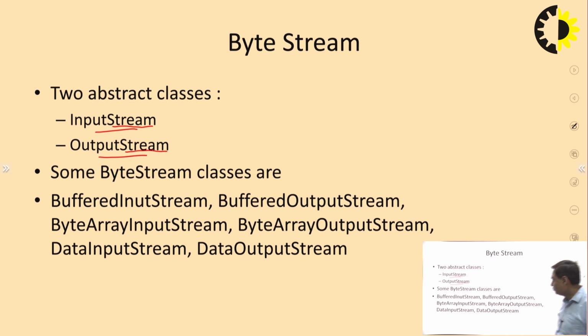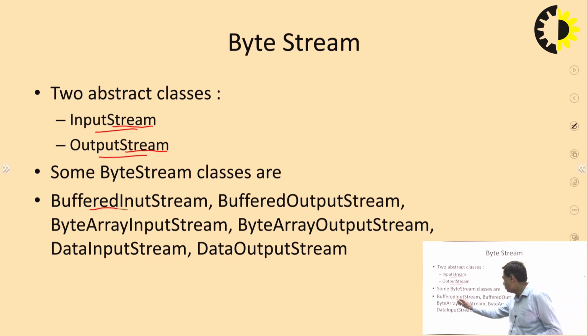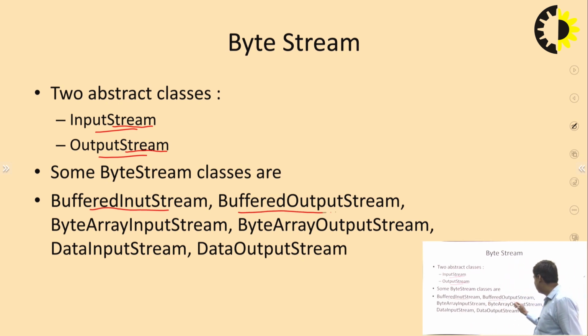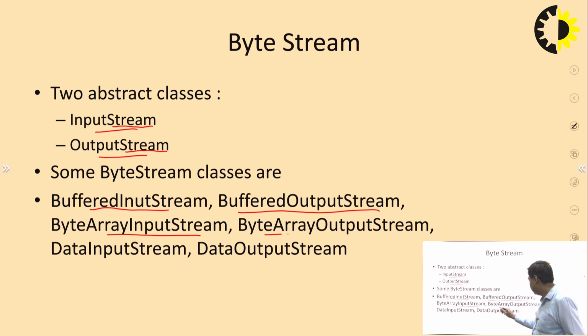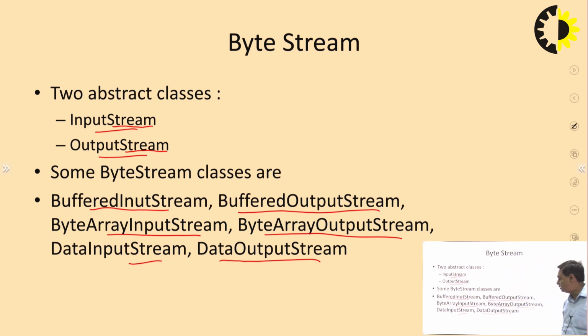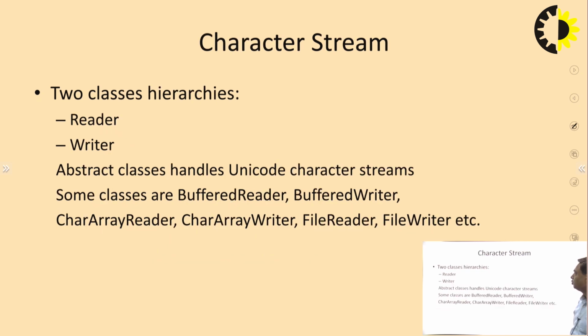These classes, for example, are BufferedInputStream, BufferedOutputStream, ByteArrayInputStream, ByteArrayOutputStream, DataInputStream, and DataOutputStream. All these classes have different purposes, which we can use for any input output work related to byte stream.